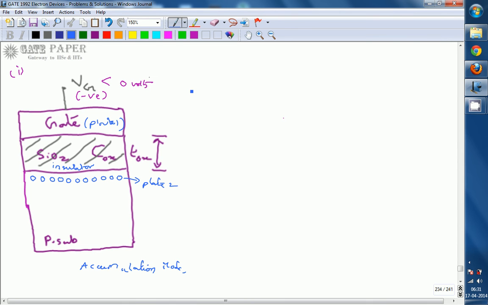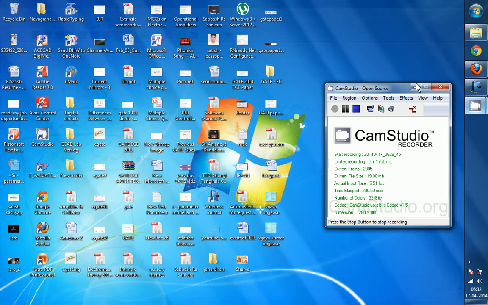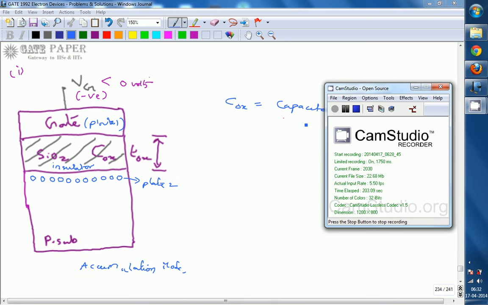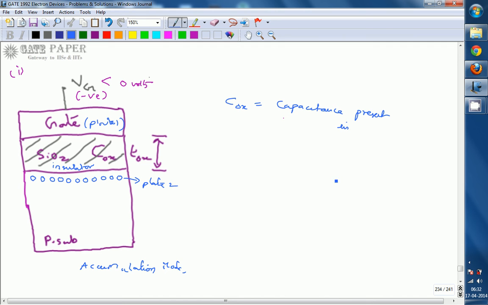So in accumulation mode, a MOS capacitor acts as a simple capacitor with capacitance COX. So COX is the capacitance present in the accumulation region.